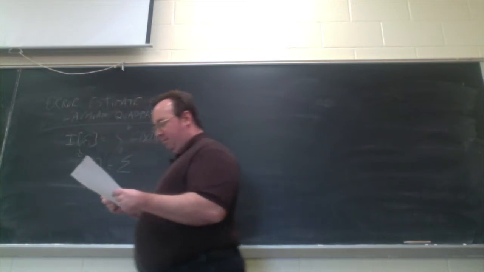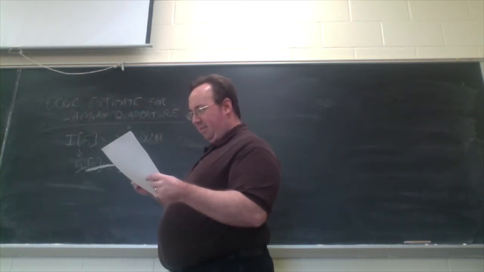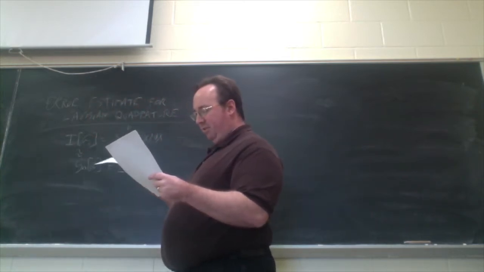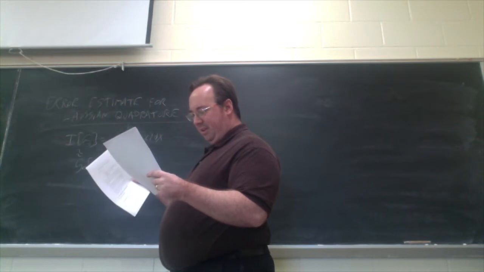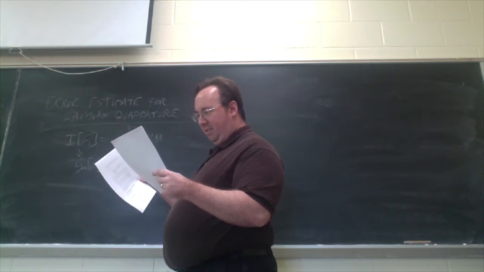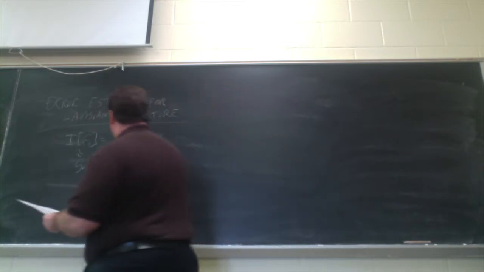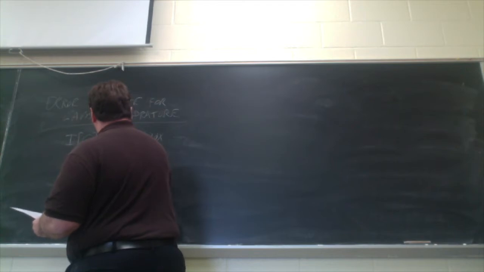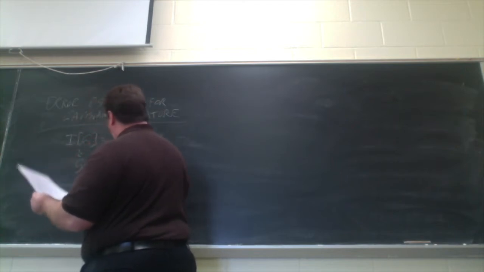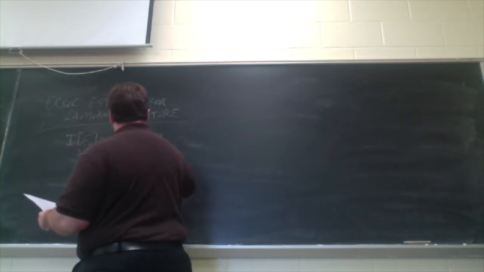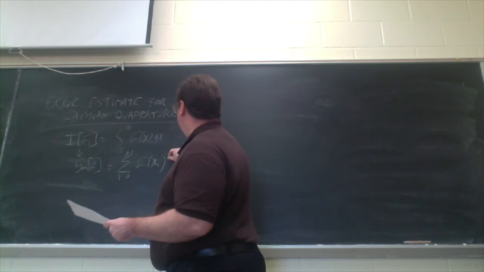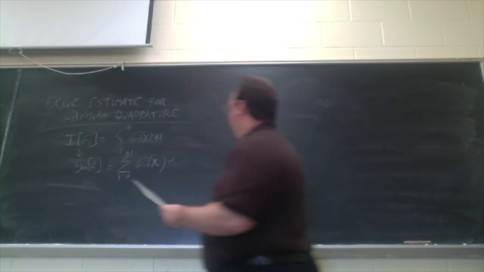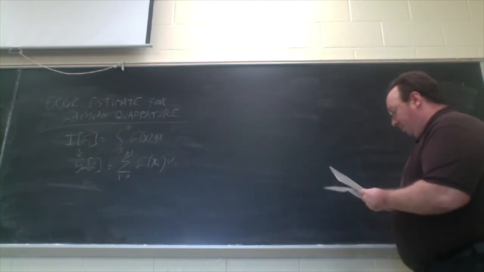I think in the past I've numbered the nodes from 1 to n. I don't remember if that's what I did before, but in the notes it's 0 to n minus 1, so we'll just go with that. And then we evaluate at the nodes, which are the roots of an orthogonal polynomial, and then we have our weights.